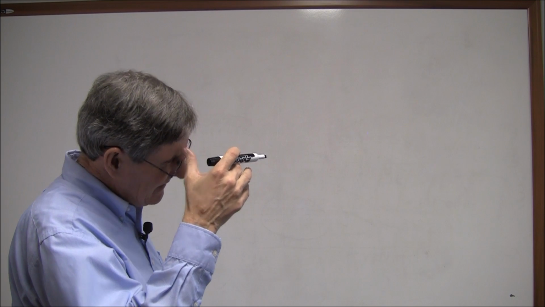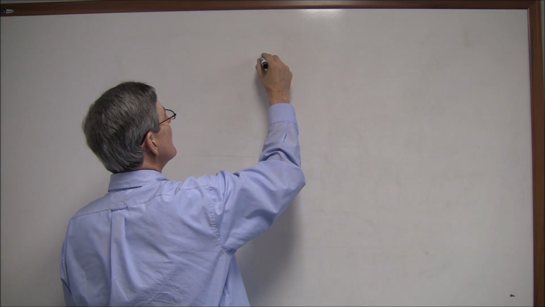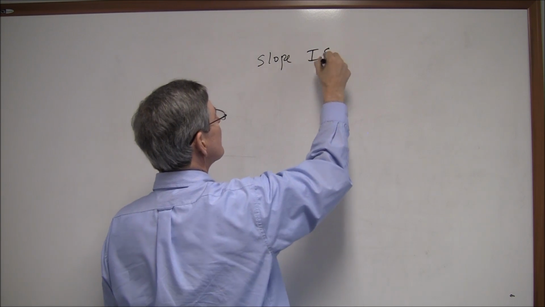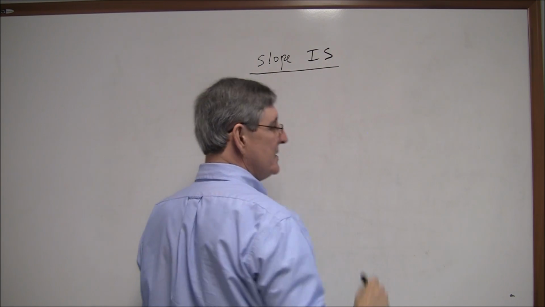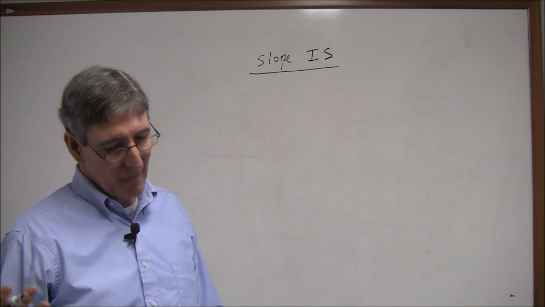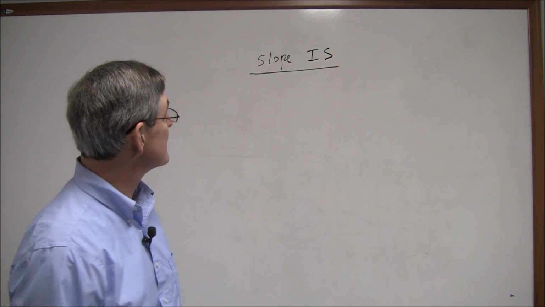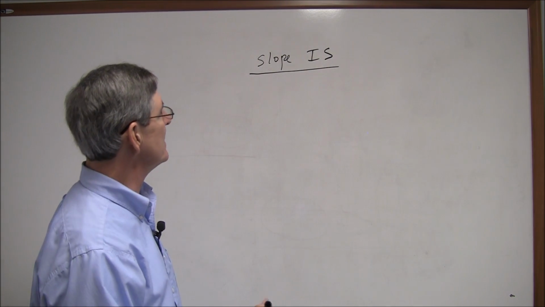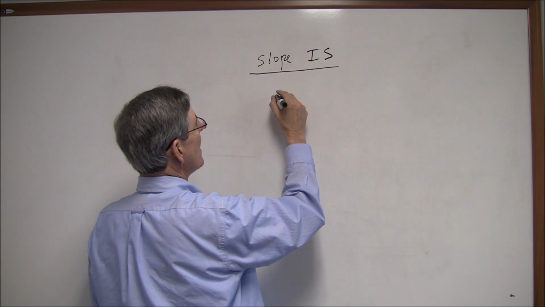Let's do a little bit on the slope of the IS curve. Now, I'm not going to ask you to do this, but let me do it mathematically first so that those of you who follow this can see that it's really easy to see when you do it mathematically what's going on here.